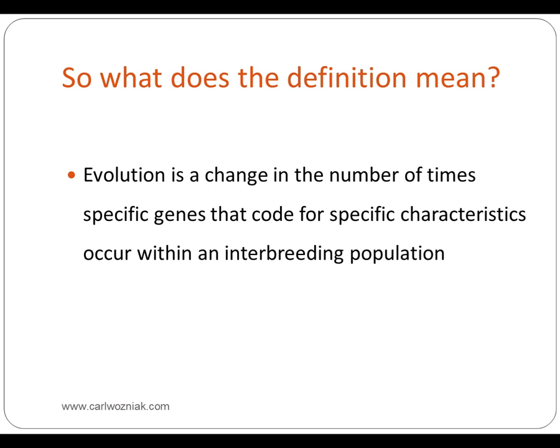So we're just looking at how often a particular gene is expressed in a population over a period of time, a population that's continuing to mate with itself. Whether you're looking at humans, or flowering plants, or amoeba in a pond, or weird sea creatures in the depths of the ocean, if there's an allele frequency change over a period of time, we can begin to see some evolution within that population taking place.